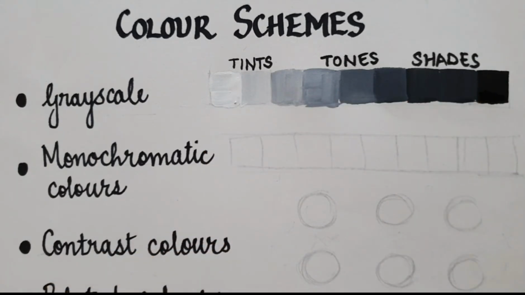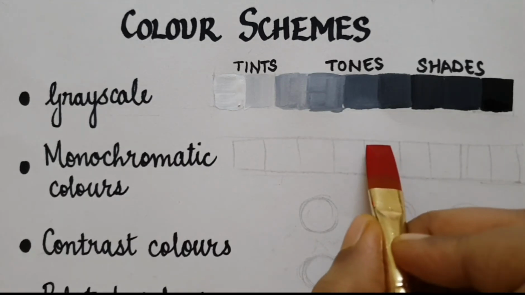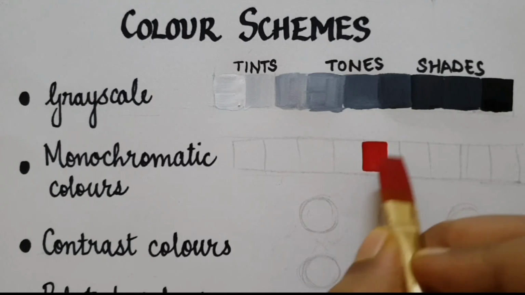Let's go to the next one, that's monochromatic. Here mono means single, and chroma means color. So monochromatic color means single color. So you prepare tints, tones and shades of one color. So let's start with the red that is exactly in the center.